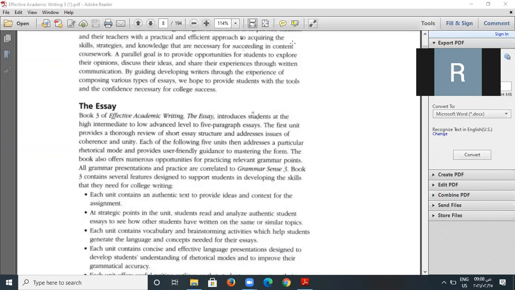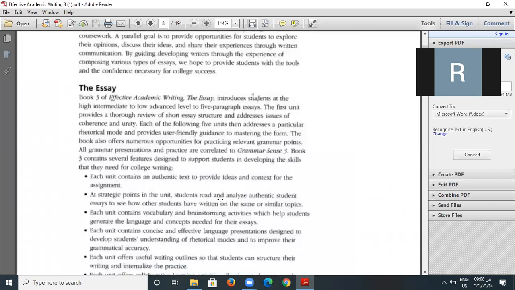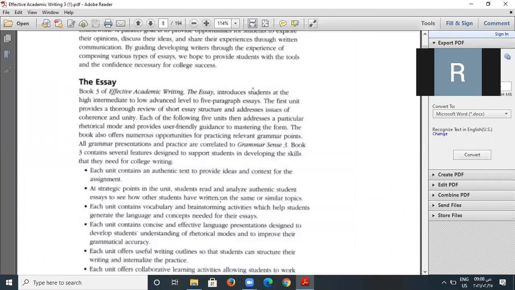Also each unit contains concise and effective language presentations designed to develop students' understanding of rhetorical modes and to improve their grammatical accuracy.